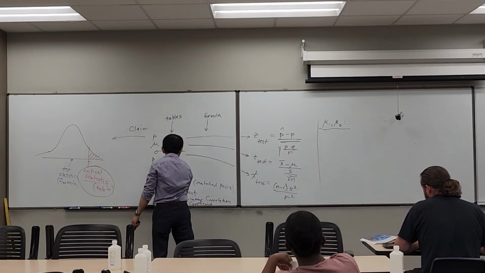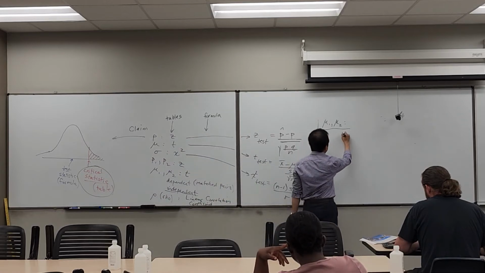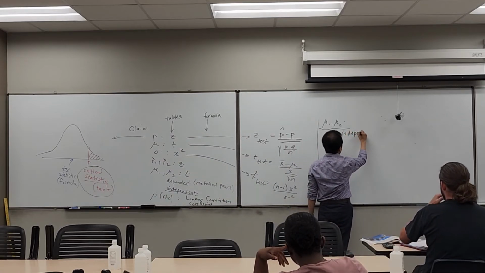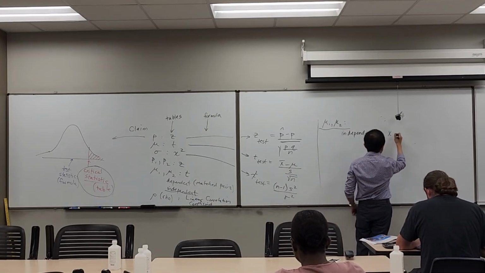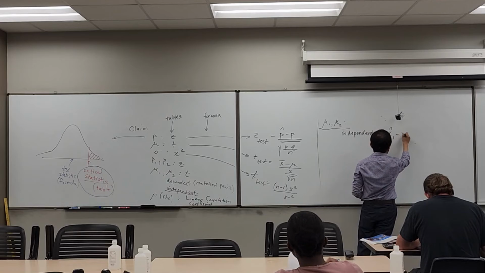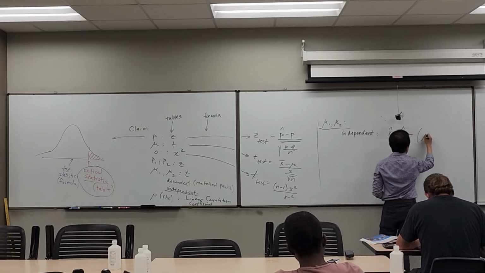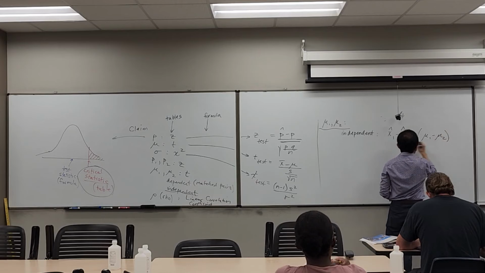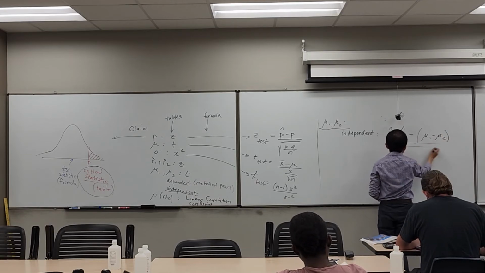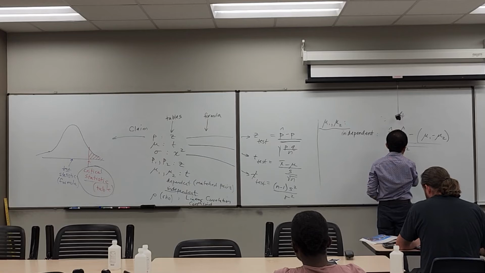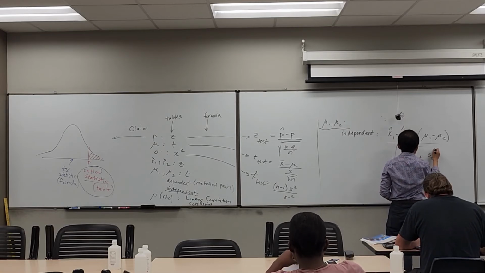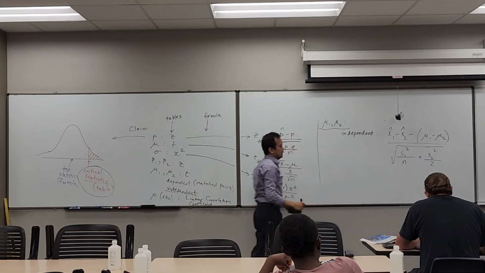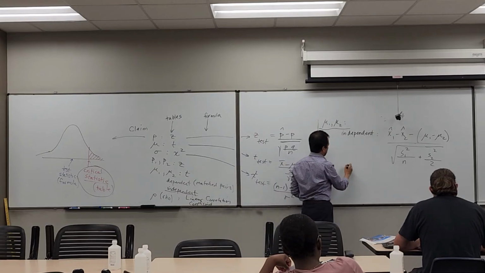So in the case of the independent one, let's do that first, independent. And then, dependent matched pairs.